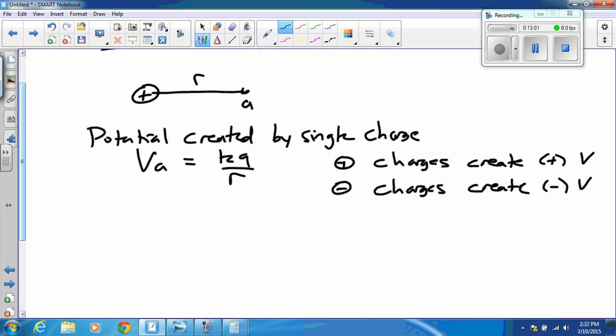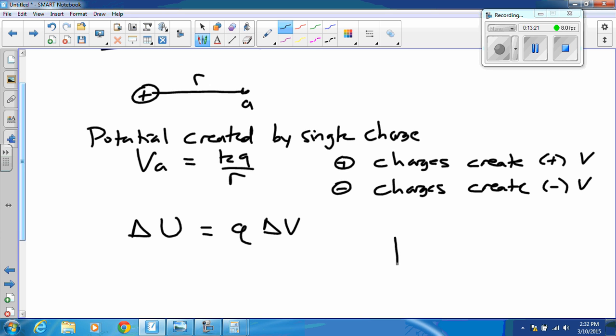And the purpose of electric potential is so that we can measure energy, and in particular, just like force is charge times field, so also our change in potential energy equals charge times the change in potential.